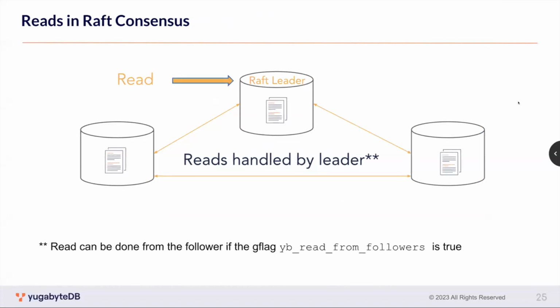When a read happens in Yugabyte, by default, the read always goes to the leader. There is an option where you can read from the follower if you have a very specific case, but you need to be careful of the latency and so on.